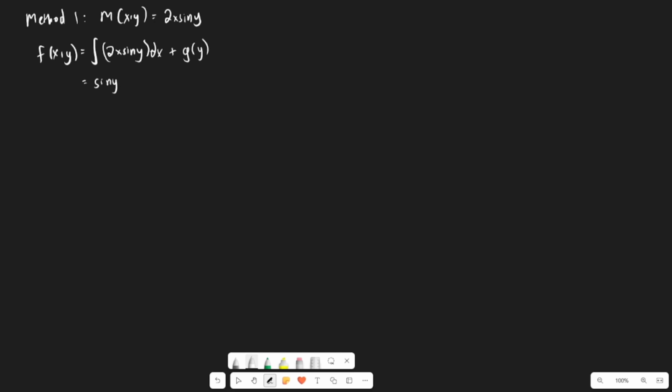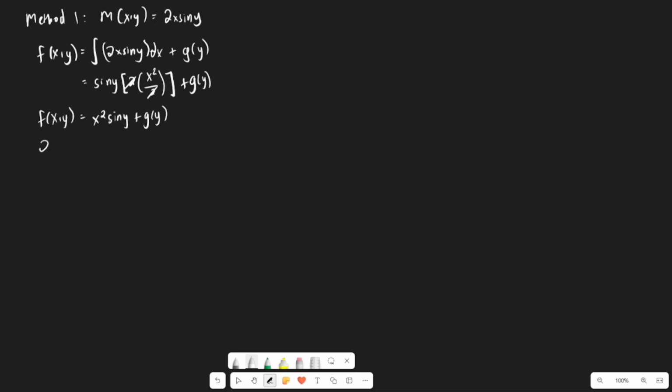Then we get the integral of 2x, which is 2 times x squared over 2 plus g of y. So we cancel this out, and we'll have x squared sine y plus g of y. So our f of x, y is this one.